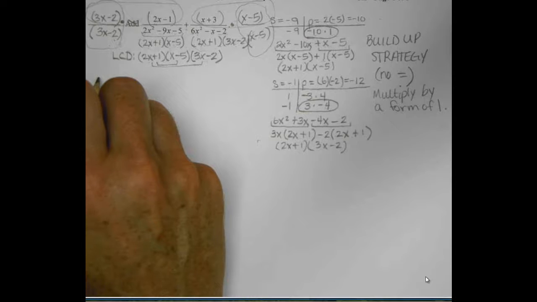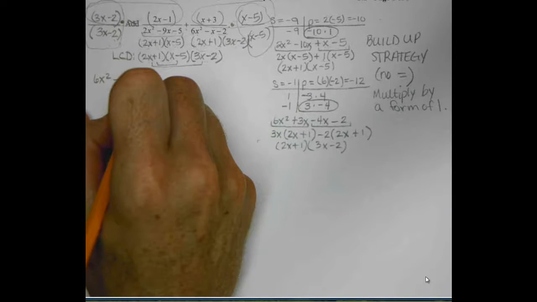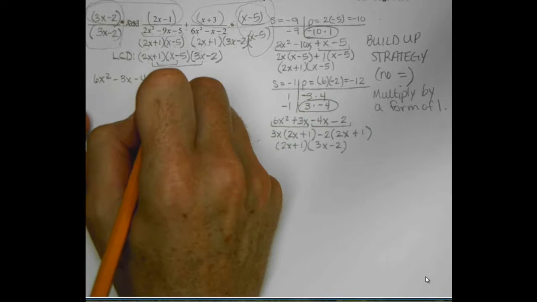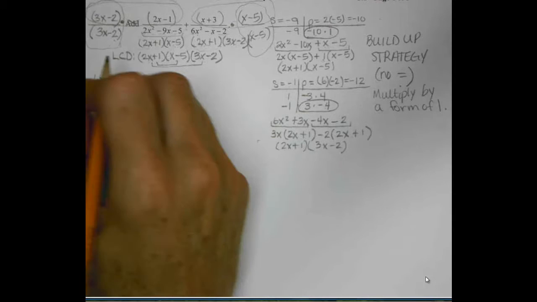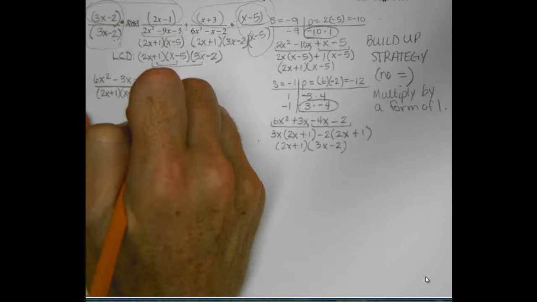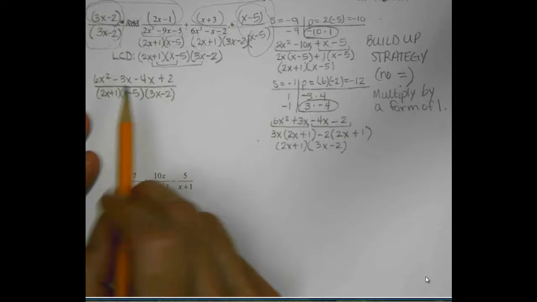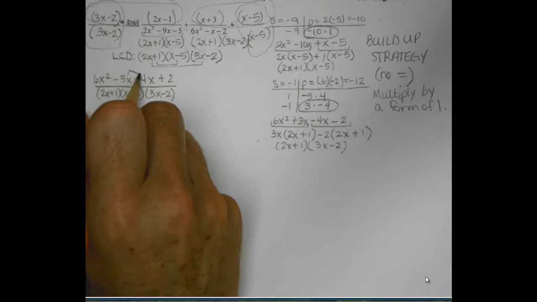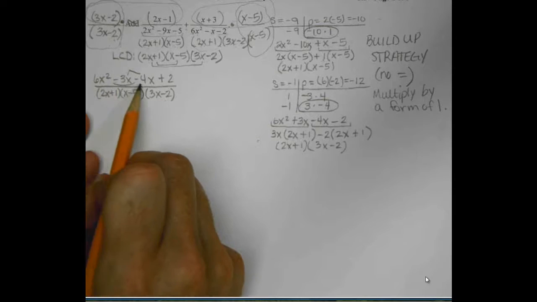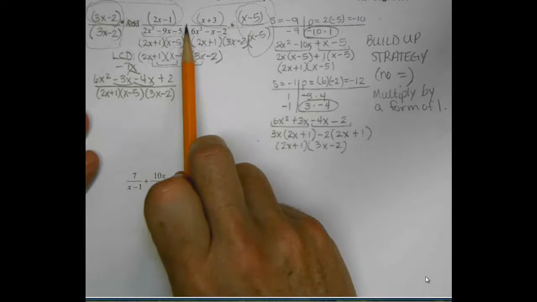So 3x times 2x gives me 6x squared minus 3x minus 4x and plus 2. All of that over the 2x plus 1, x minus 5, and the 3x minus 2. So I have all three factors in my denominator, and my numerator is mostly multiplied out. I can combine these two like terms in the middle, and I will get negative 7x. Then I have a plus sign in between.